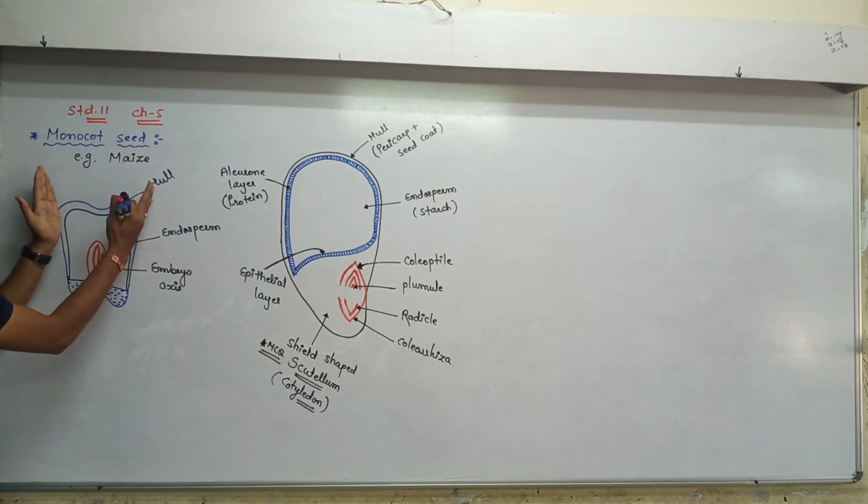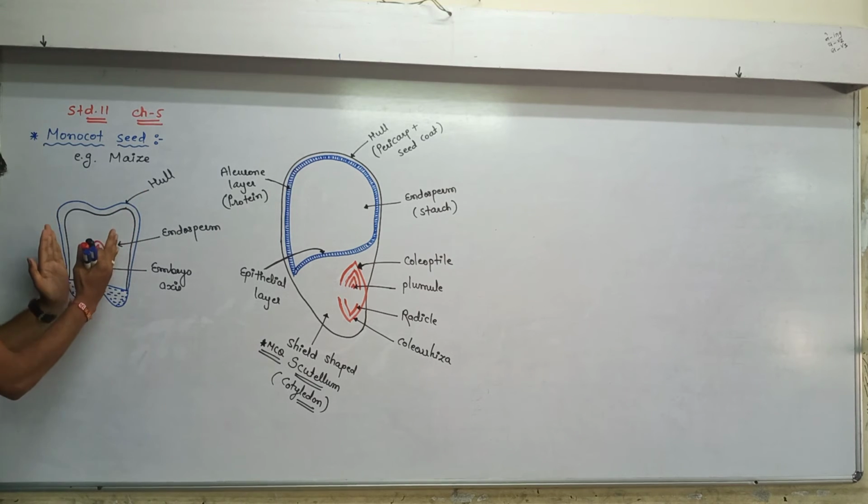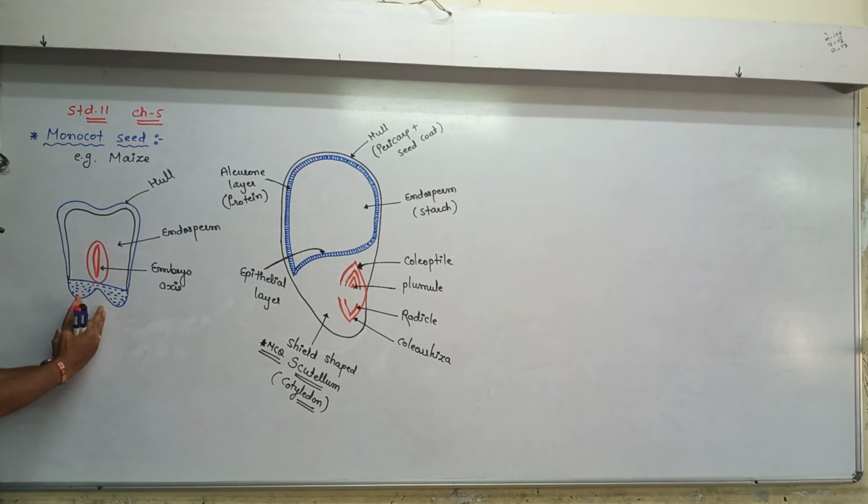One part is broader and another part is shorter. The short part consists of the embryonal axis or embryo axis.